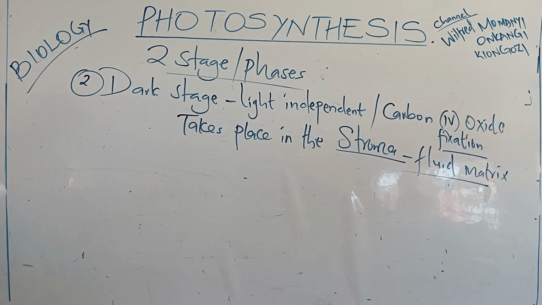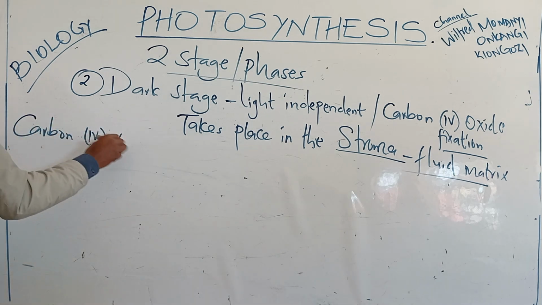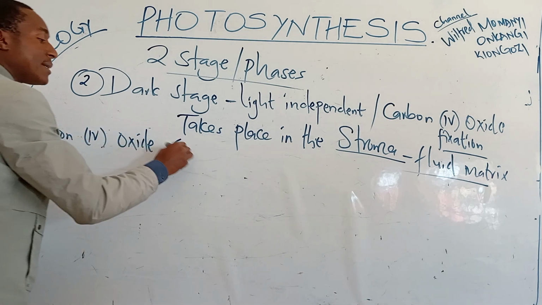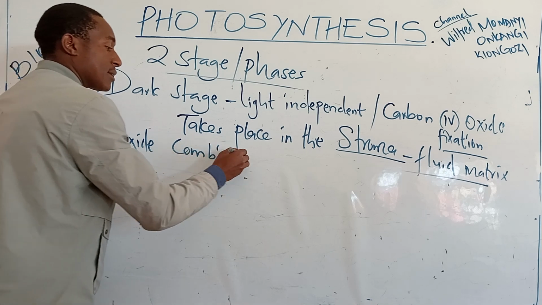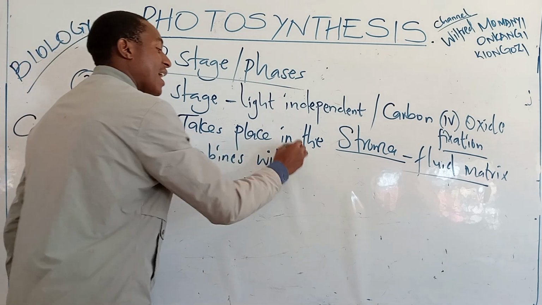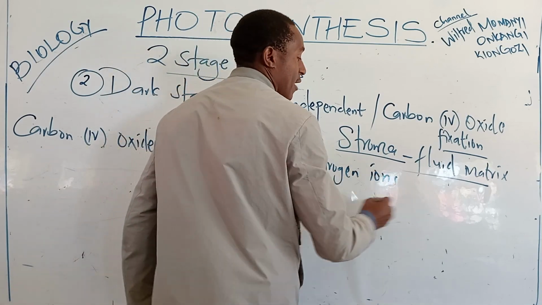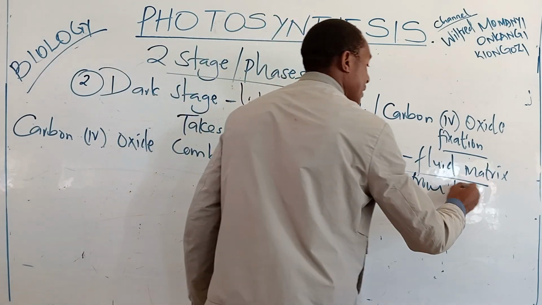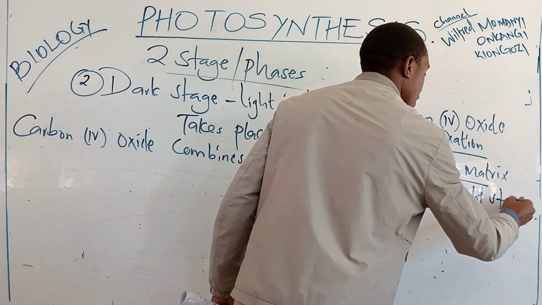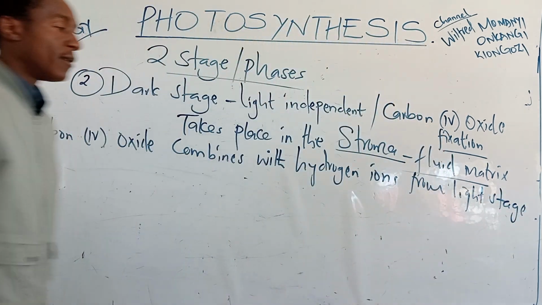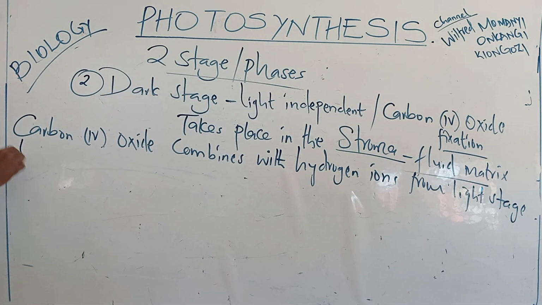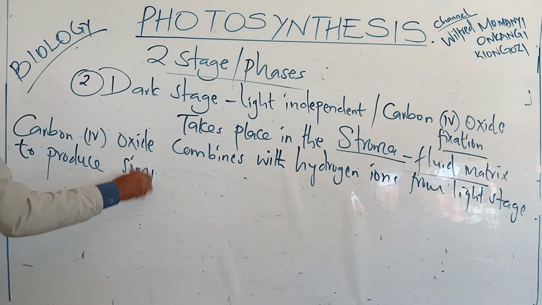What happens here? Carbon dioxide combines with hydrogen ions from the light stage to produce food or simple sugars.